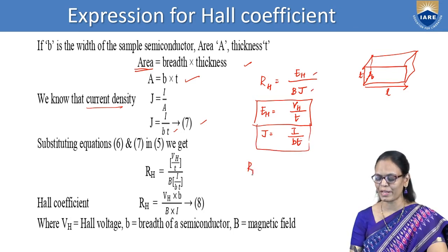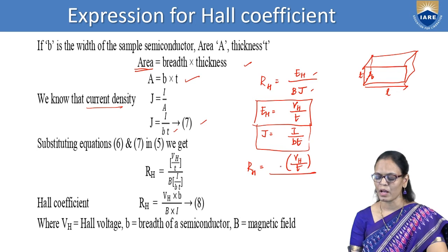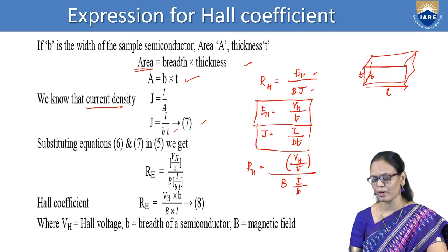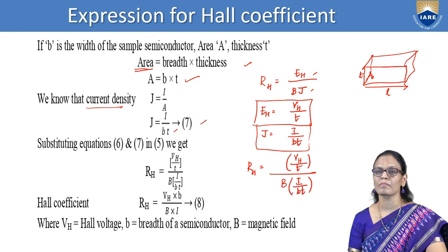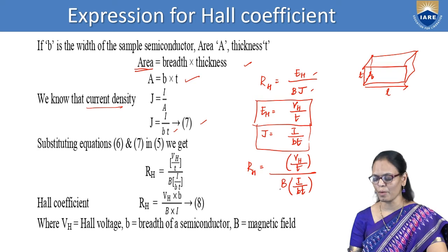So RH will be equal to, in the numerator, VH by T for EH, and in the denominator we have B as it is. For J we substitute I upon bT. So VH by T upon B into I by bT.